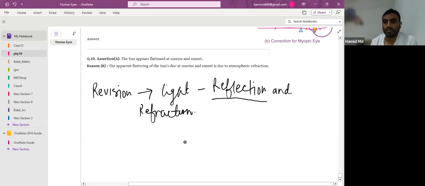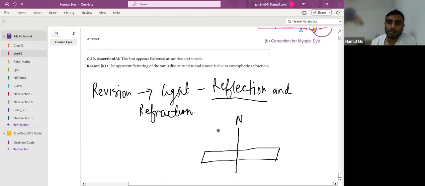So, suppose this is a glass slab, and we draw a normal on it. Clear? This is the normal. A light ray is coming and striking the surface over here. Okay. So what is this angle being called? What is the name of this angle? You have to tell me each and everything.